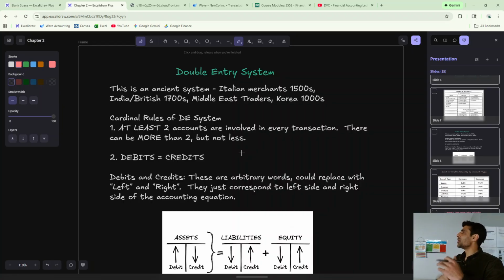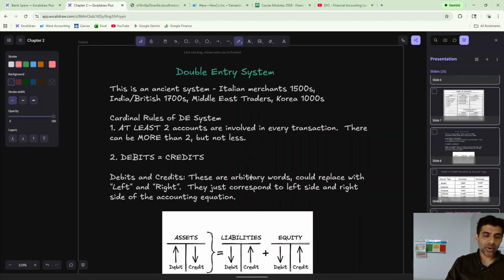When you perform a service for your customer, service revenue, and let's say they're going to pay you later, accounts receivable, right? There will never be a transaction that only affects one account. It will be two and sometimes many. We're going to see when we do payroll, for example, there's going to be 8 different accounts in one transaction. But there will always be at least two.